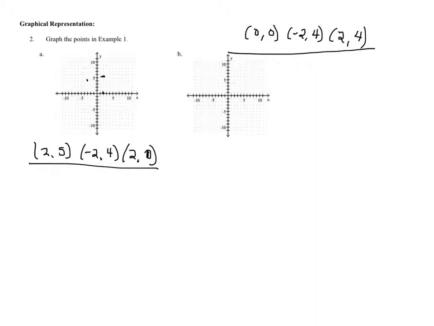You'll notice that these two points, 2, 5 and 2, 0, are stacked. Anytime we have any kind of stacking going on, it's not good. So if two points are stacked, it's not a function.